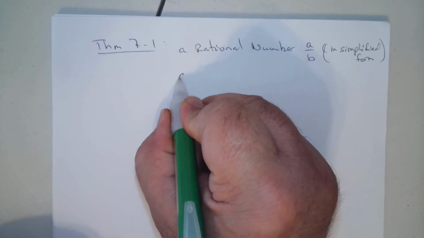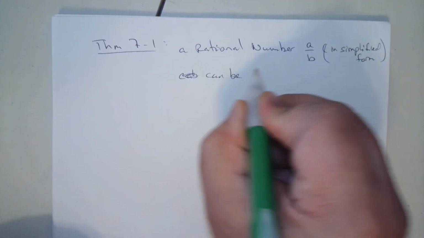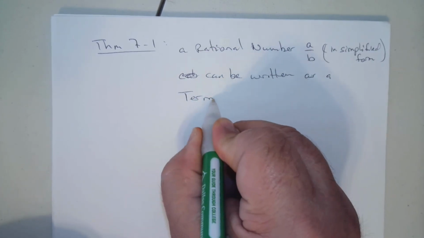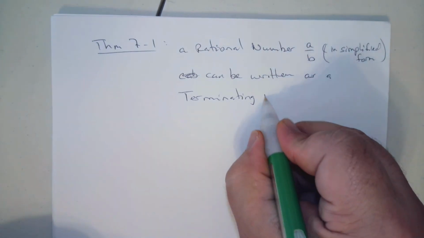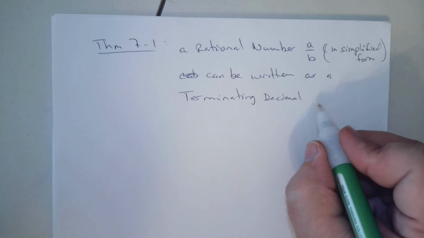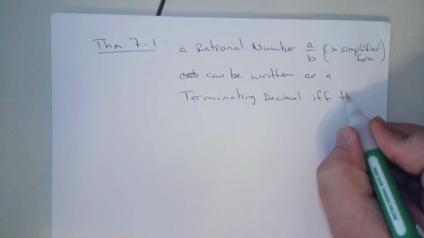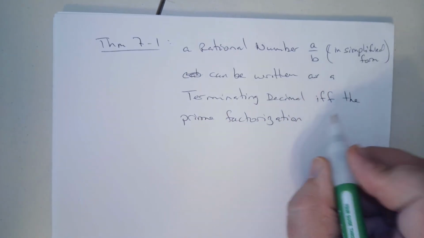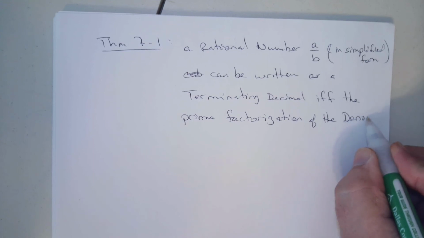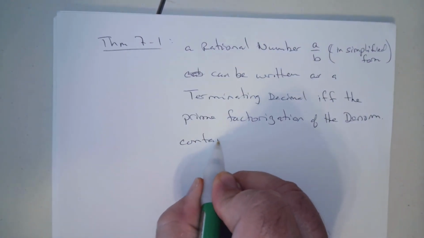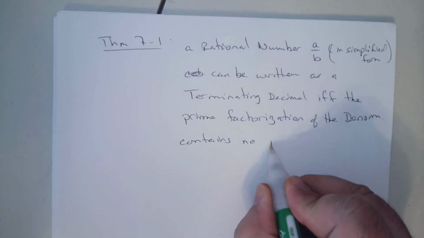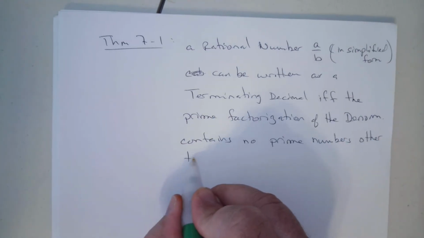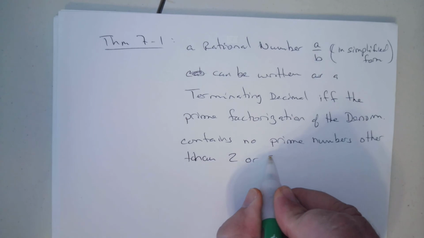A rational number, a over b, can be written as a terminating decimal if and only if the prime factorization of the denominator contains no prime numbers other than 2 or 5.